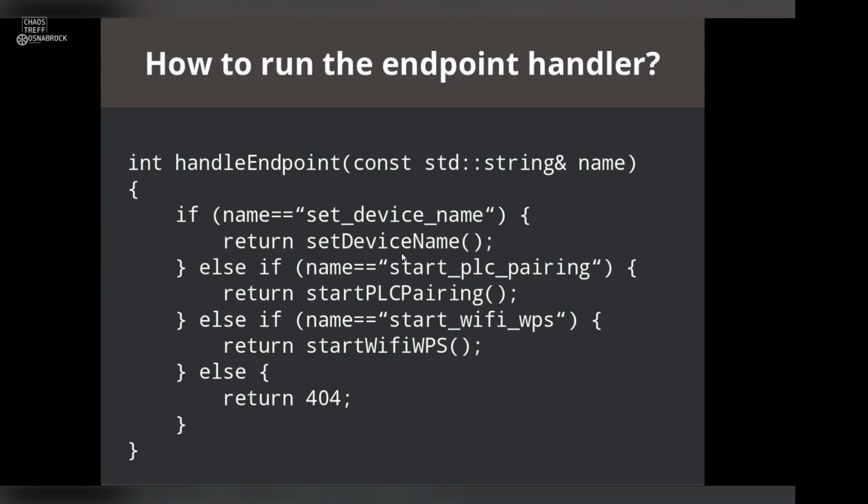But what do you have to do when you add a new endpoint? So, when you add a new endpoint, you have to implement the function that implements the endpoint. Like set device name, you have to write that function and put it somewhere. This is the first place where you have to put the implementation. The second is you have to declare the function somewhere so that it's visible in this handle endpoint function.